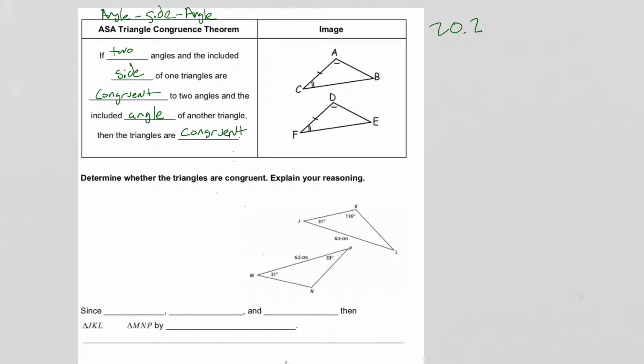So in this one, this symbol here means that angle A is congruent to angle D. And this double line symbol there means angle C is congruent to angle F. And then this single hash mark through the line means that side AC is congruent to side DF.